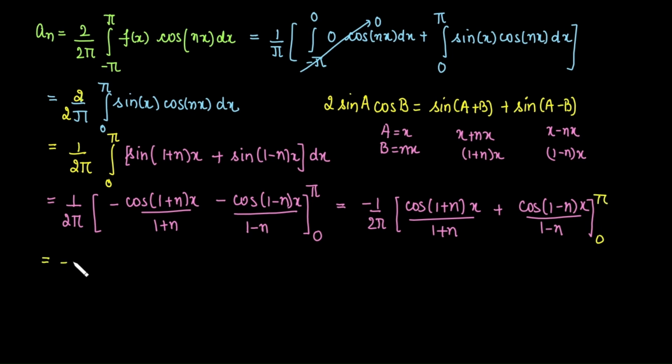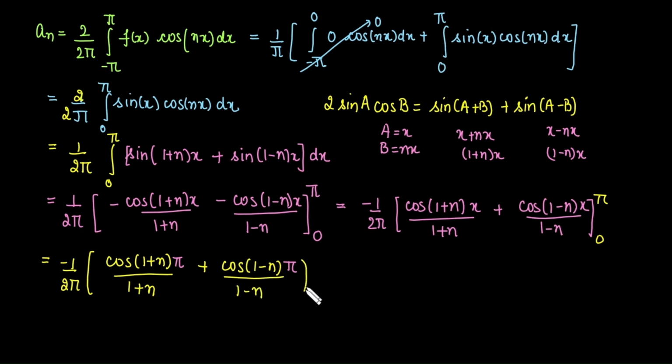So this is equal to minus 1 upon 2 pi cos of 1 plus n in place of x pi divided by 1 plus n plus cos of 1 minus n in place of x pi divided by 1 minus n. That is the value of upper limit minus lower limit. When you substitute x is equal to 0, we have cos 0 and cos 0 is 1. So 1 upon 1 plus n plus 1 upon 1 minus n.